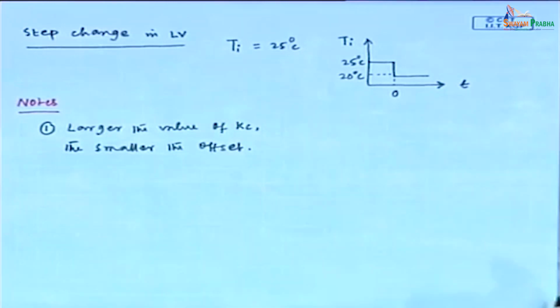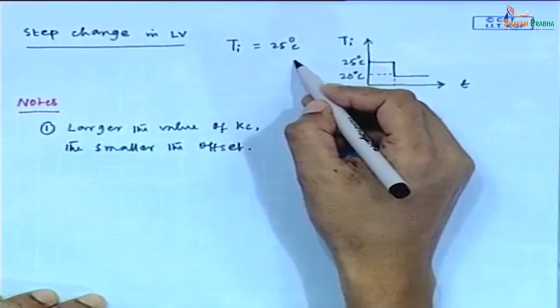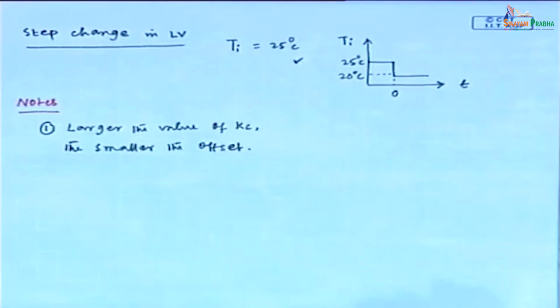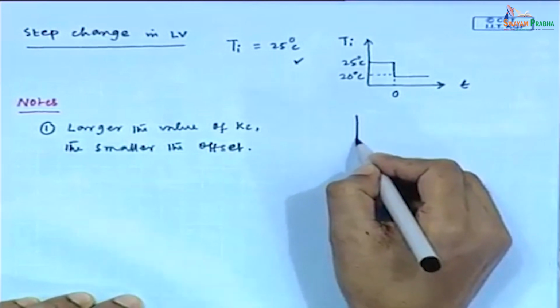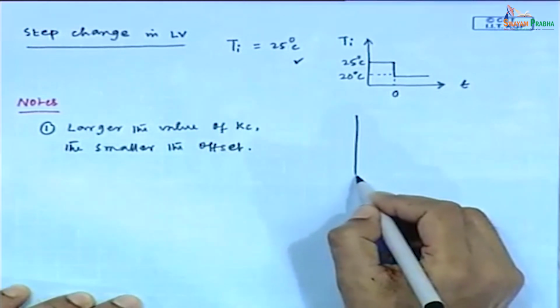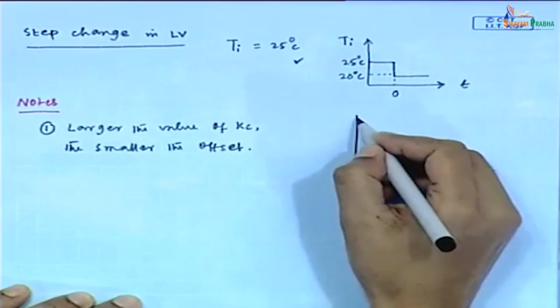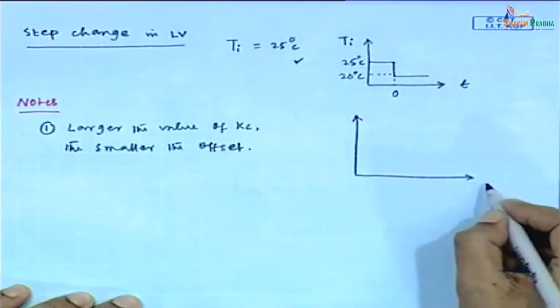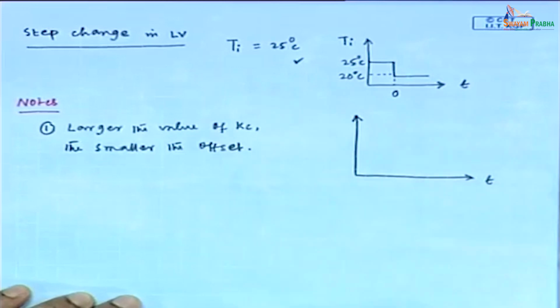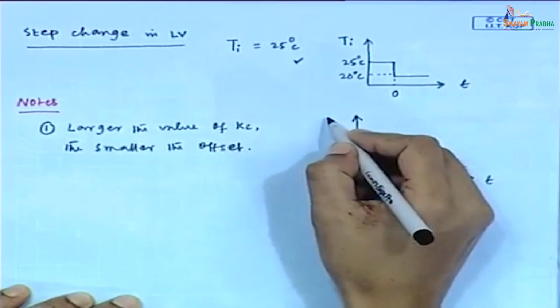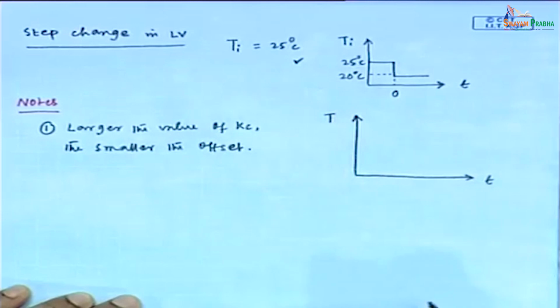Fine. If we introduce this step change, I mean from 25 to 20 degrees Celsius, then the process responds under P only controller like this. This is T, this is temperature.